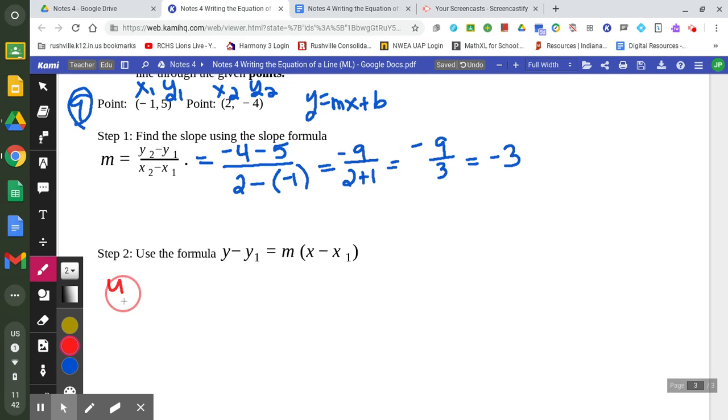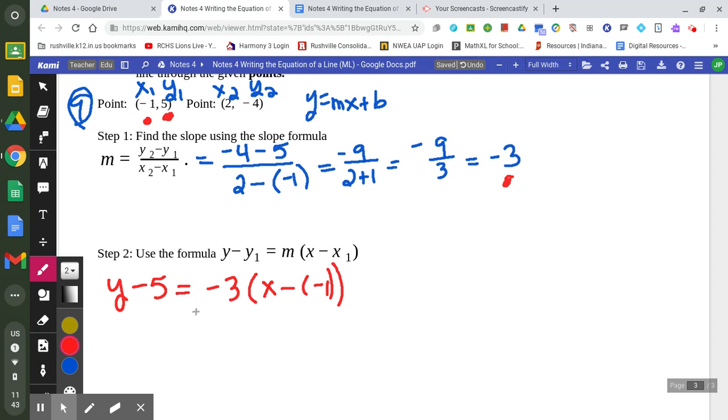And we're going to have y minus, now I'm going to come back up here and use my y1, which is 5, equals, and then I'm going to use my slope, which is negative 3, x minus, and my x1 was negative 1. So I have to put minus negative 1.